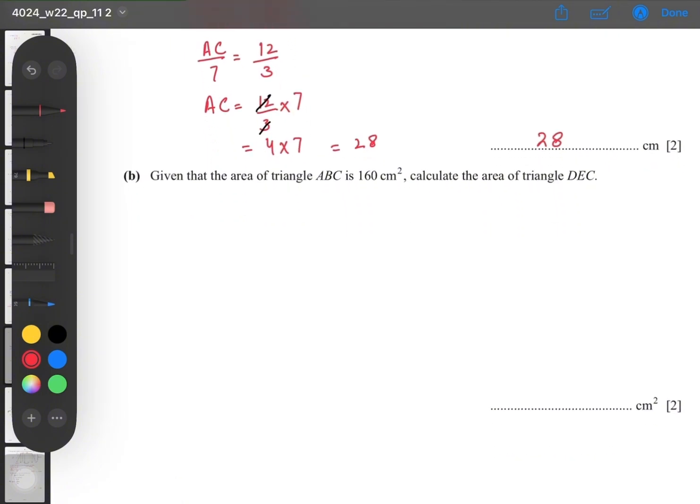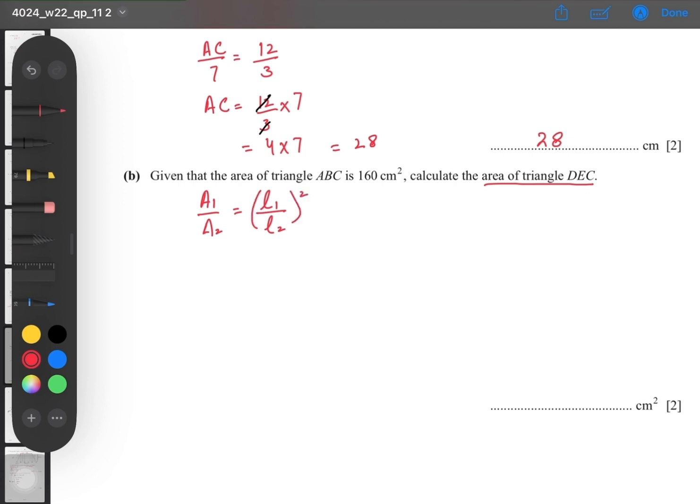Given that the area of triangle ABC is 160 centimeters squared, calculate the area of triangle DEC. So we will apply the formula: area 1 over area 2 equals length of one triangle over length of the other triangle, whole squared.